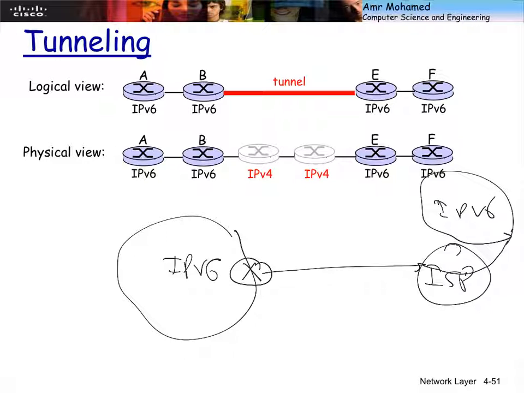But it's not a common, it's not a good way, because network address translation has lots of issues, even within IP address version 4. Because it violates the layered stack.